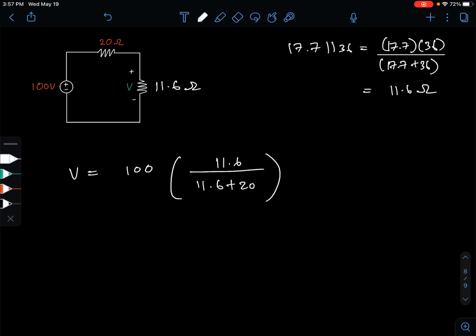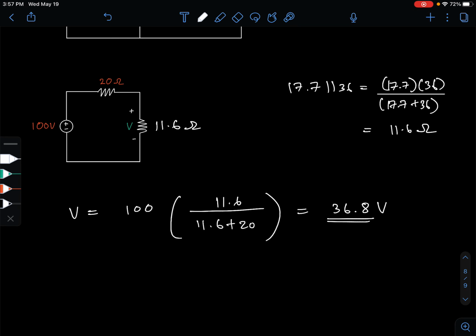This multiplication would give you the potential difference across the 11.6 ohm resistor. And this comes out to be about 36.8 volts. About this much. I used approximate values, so you might get slightly different answers. And that is how you find the voltage V across this resistor using the Wye-Delta transformation.